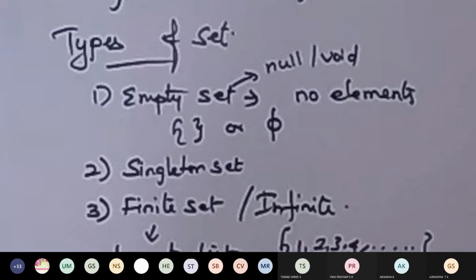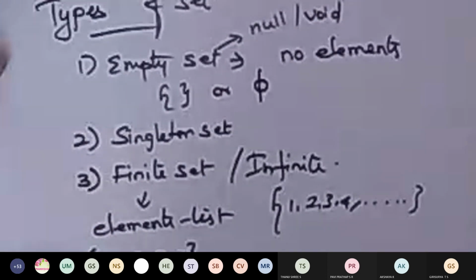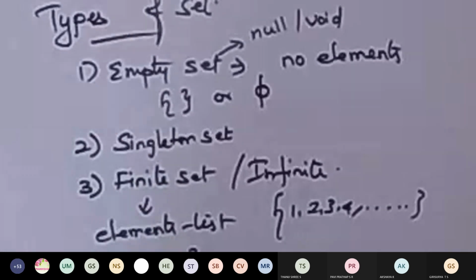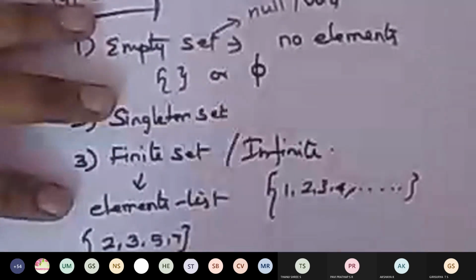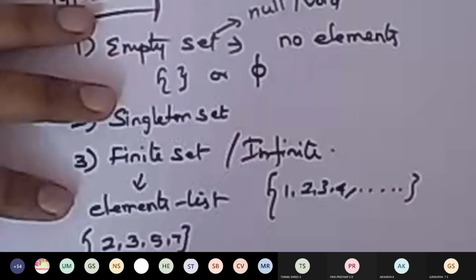Now, what is meant by equivalent sets? If the number of elements in two sets are equal, then we can call them equivalent sets. For example, see here, you can call this an equivalent set because n of A, the number of elements, is 3, and n of B is also 3. If both are equal, then we can call it an equivalent set. So set A is 1, 5, 9, set B is 8, 10, 12.